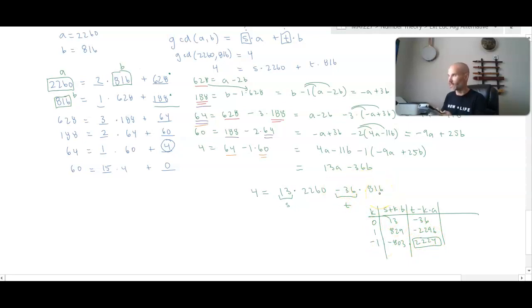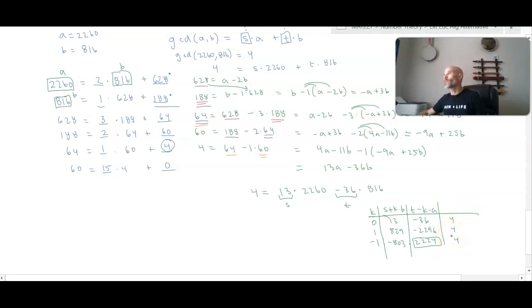And again, just checking our work, negative 803 replacing the 13 times 2260 plus t times b. So that would be, I'm sorry, yeah, plus 2,224 times 816 should once again, if we did this correctly, give us 4, which indeed it does.